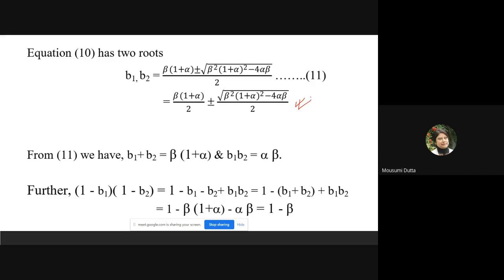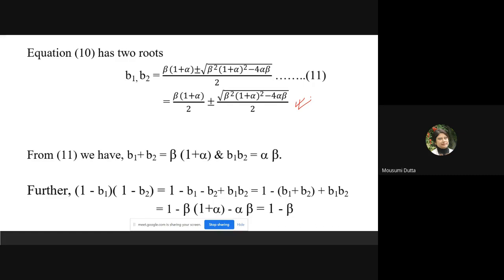The roots may be imaginary, then you can have one kind of solution. The roots may be real, then you will get another kind of solution. So we will not restrict the analysis for a typical setup. We will consider all possibilities, roots may be real, roots may be complex. So we will keep the things as they are.